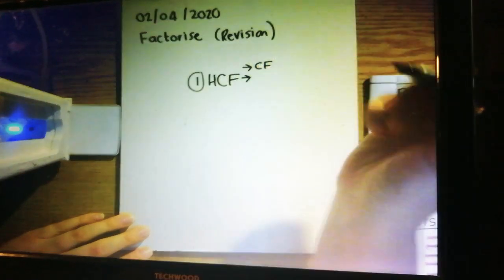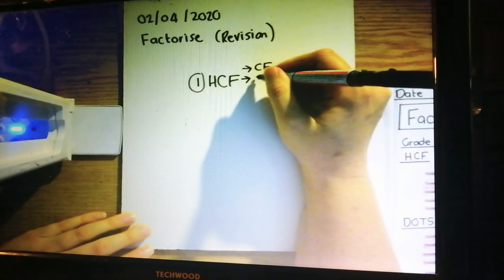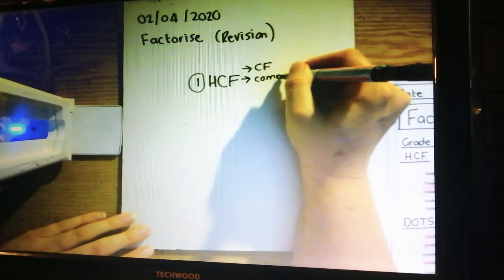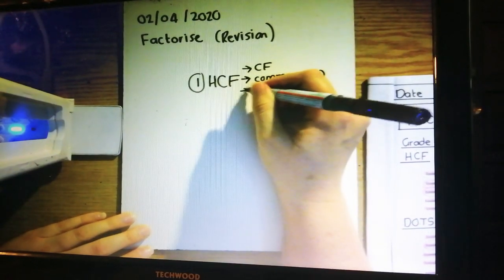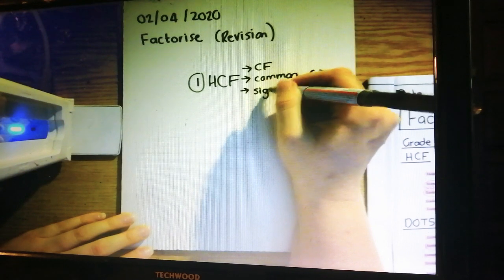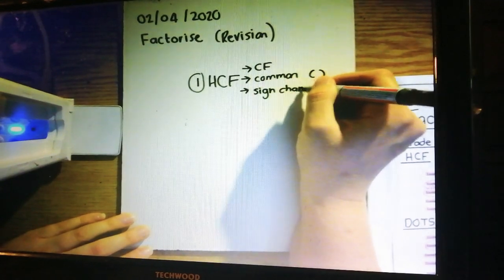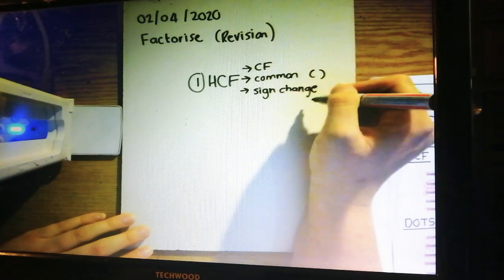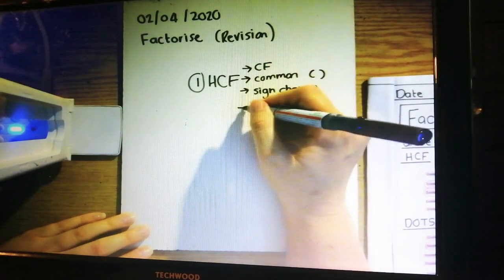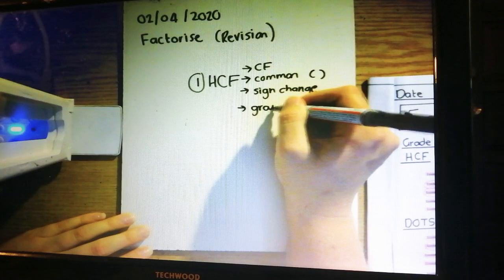It is also finding a common bracket, okay, brackets that look exactly the same. It is also sign change, where you change the sign outside a bracket and then the signs inside the first bracket change, and then grouping.